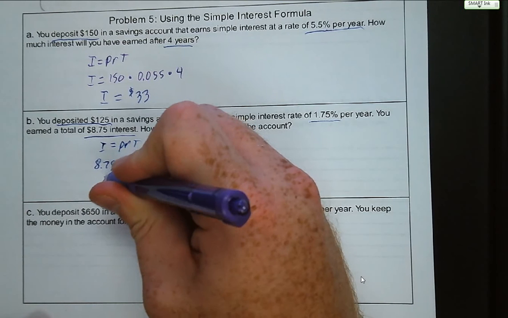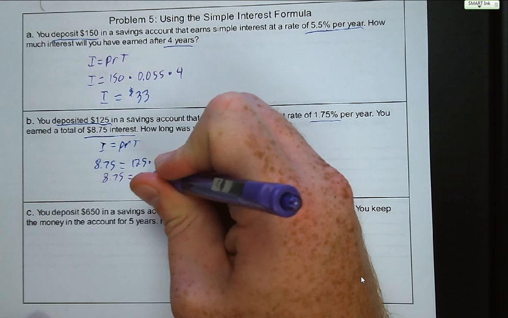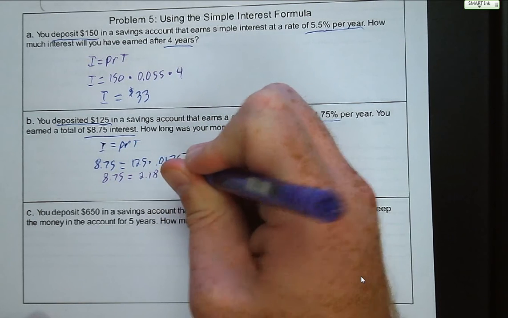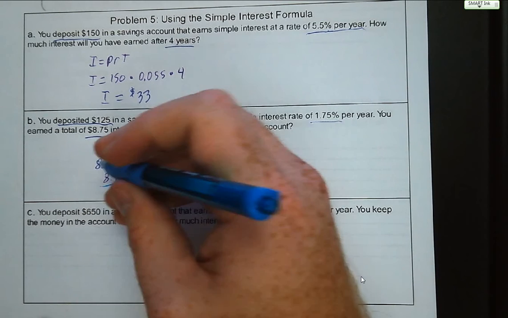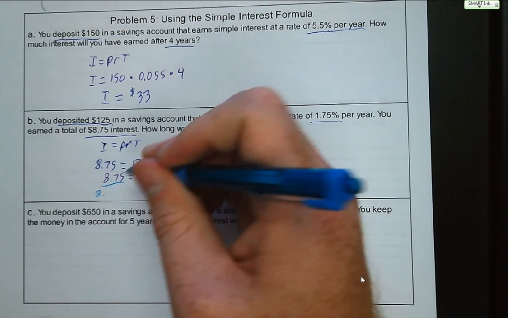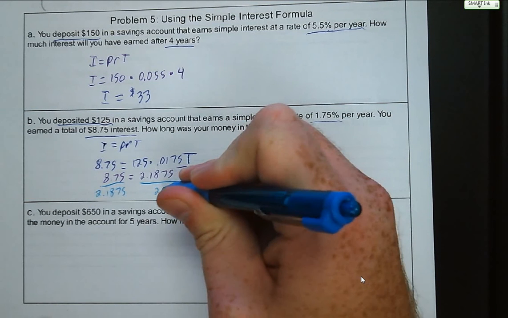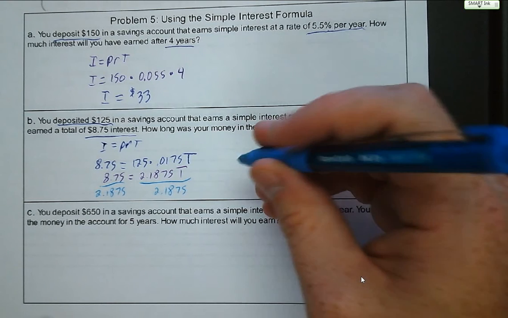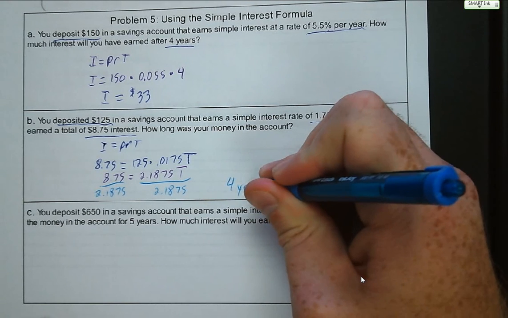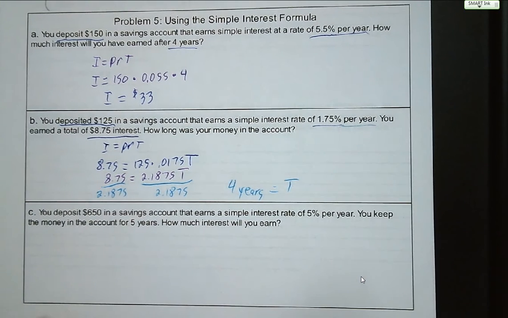So we get 8.75 equals 2.1875t. And now we're going to divide both sides of the equation by 2.1875. And t is going to be equal to 4 years, because we were told we were getting interest per year. Okay.